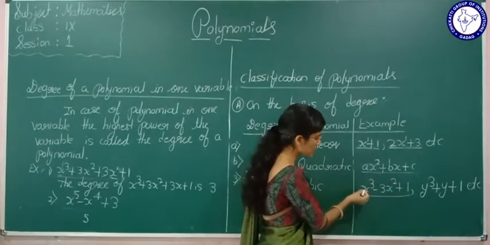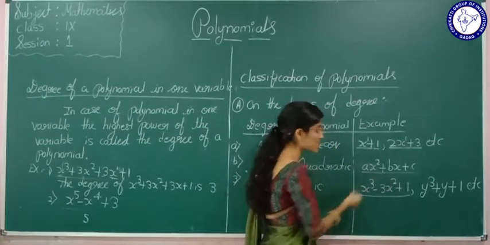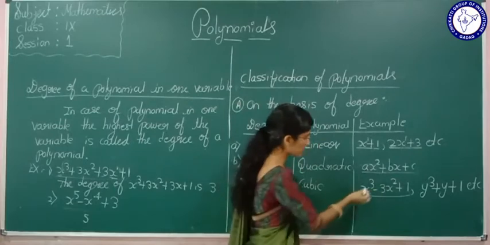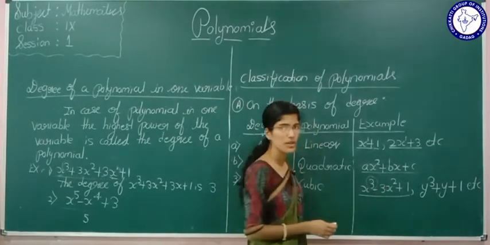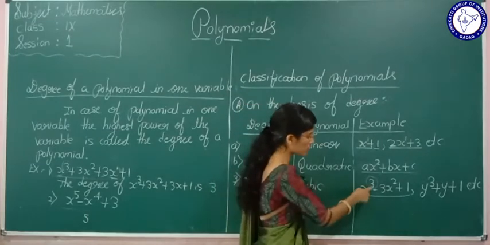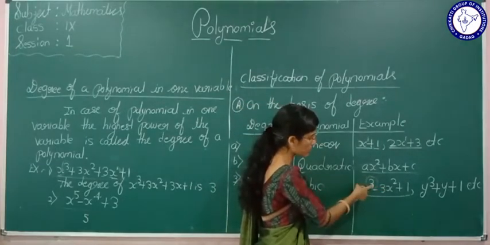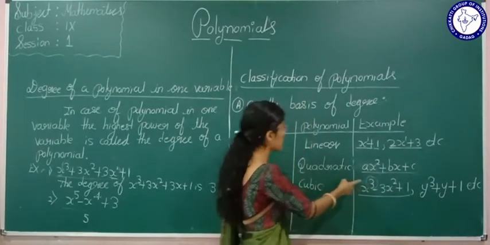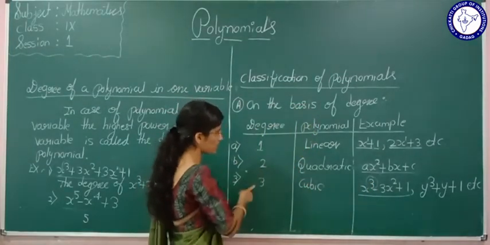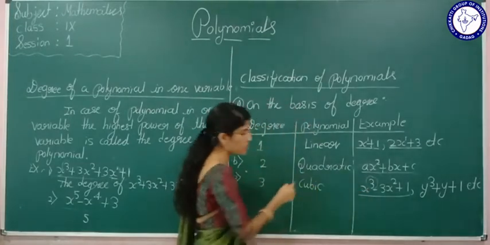See in this polynomial, what is the degree of this polynomial? The degree of this polynomial is 3. What is the degree of a polynomial? Again I am asking, the highest power of the variable. The highest power of the variable here is 3. Definitely the degree of this polynomial is 3. See if the degree of the polynomial is 3, it is called a cubic polynomial.